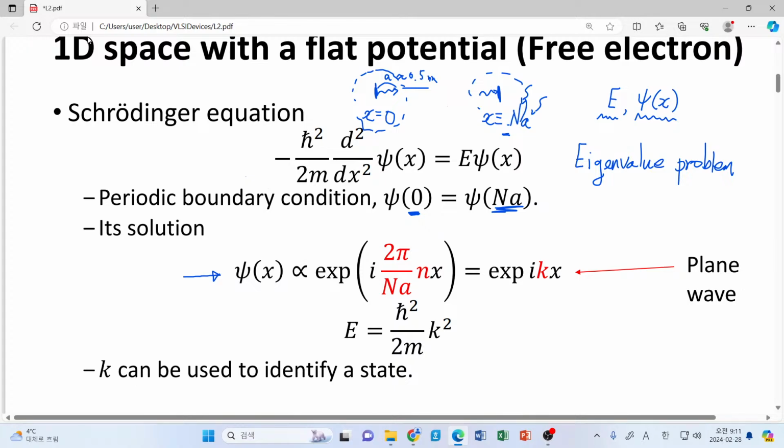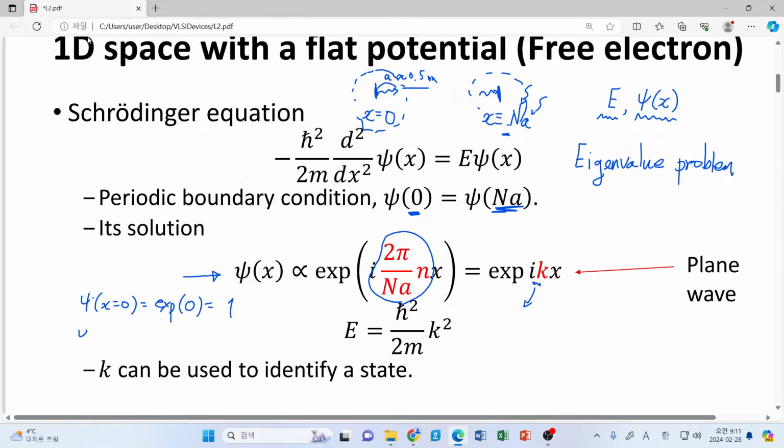Exponential of ikx, and of course k is not any double precision number, any floating number, but we have a certain condition to satisfy this solution. For example, let's say that x equals 0. Then what happens? This is just exponential of 0, equal to 1.